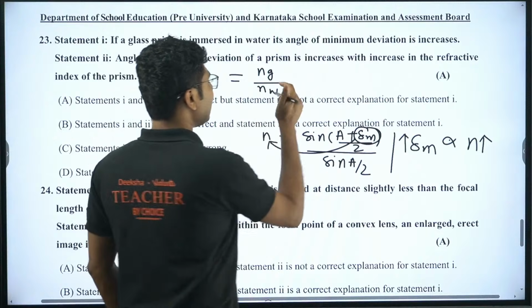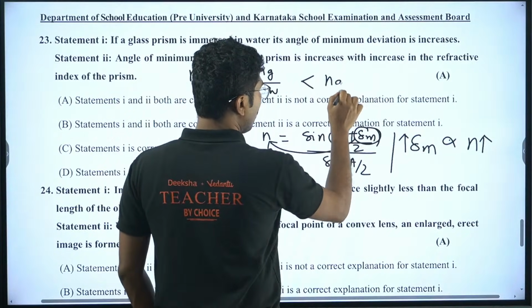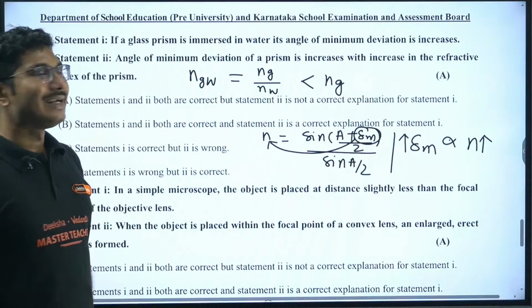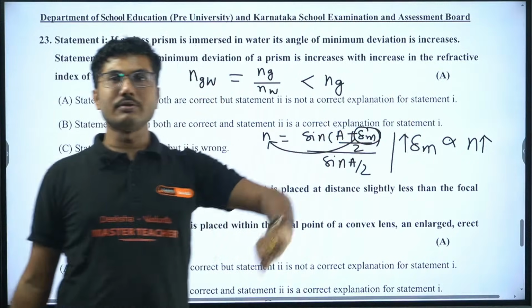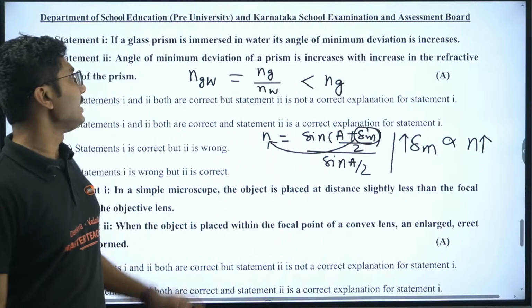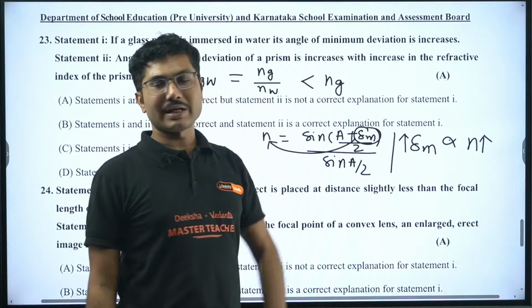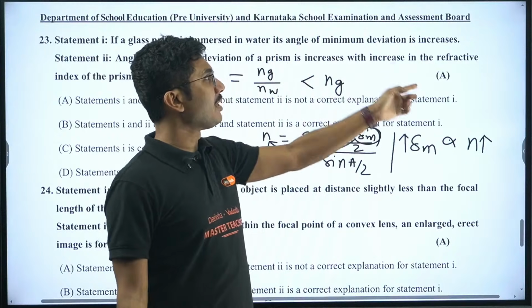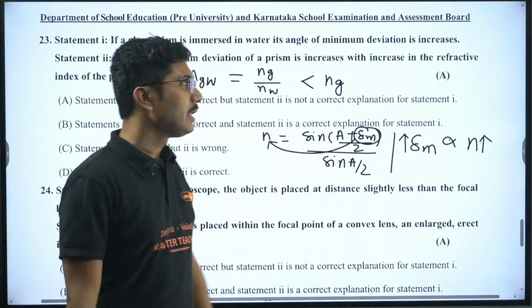That means the overall refractive index actually reduces. So if refractive index reduces, delta will also reduce, it will not increase. So if a glass prism is immersed in water, because refractive index is reducing, the minimum deviation will also reduce, because there is a direct proportionality relation.